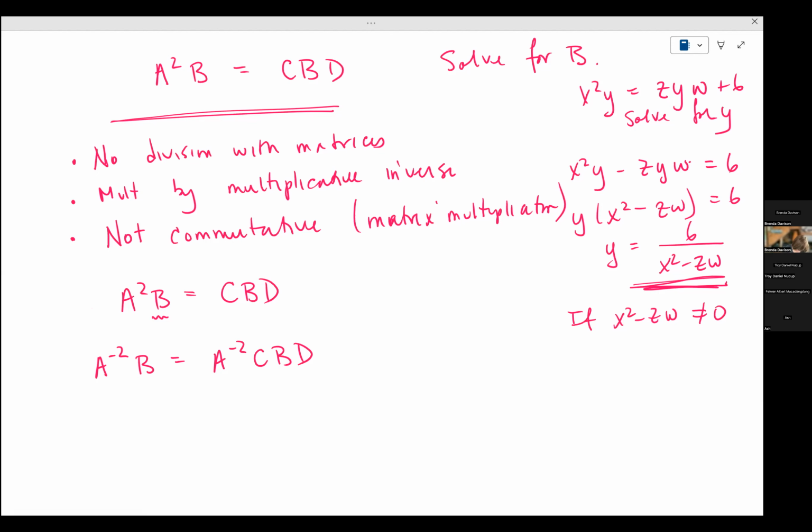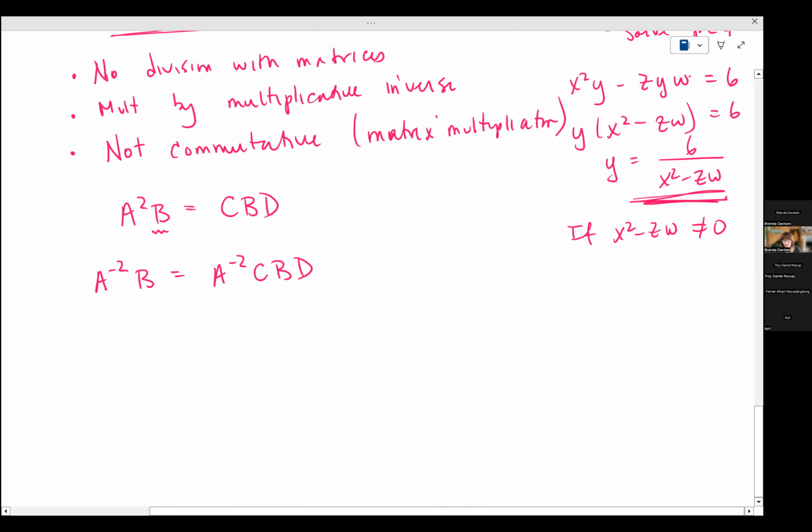I'm going to multiply on the left by a squared. Then that is one. Oh, sorry, let's get the other a squared there. A squared b. Then this thing here evaluates to I. This may not be the most efficient way of doing this problem.